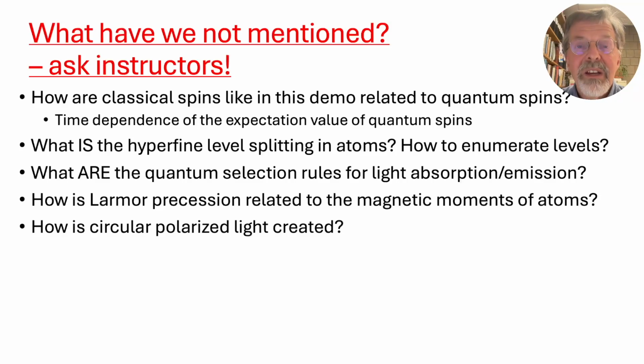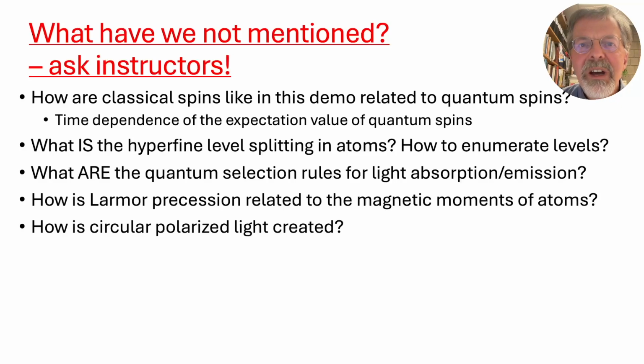I just said in passing several times that a circularly polarized photon with, say, +1 unit of h bar of angular momentum will always increase the spin projection of an atom by 1 unit, and then there are selection rules for the re-emission of that energy that are also respected. But you can't learn that from a quick demo like this.